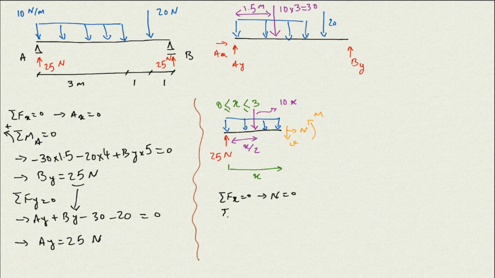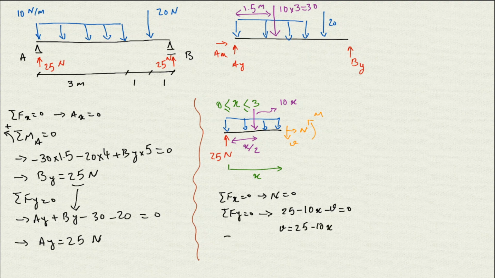And then if I write the sigma Fy is 0, I have the 25 Newton upward, and then I have the 10x downward, and then I have the V downward, equal to 0. There's no other forces there. So therefore the V would become 25 minus 10x.